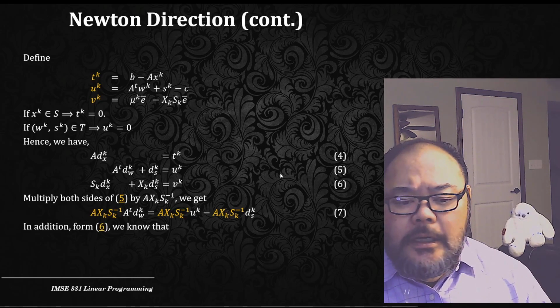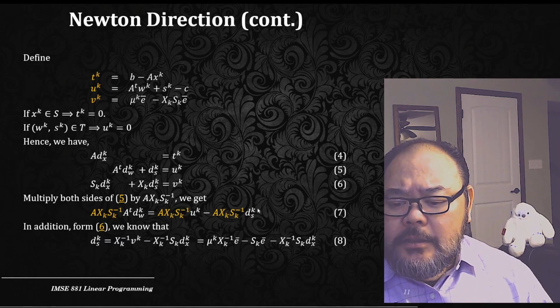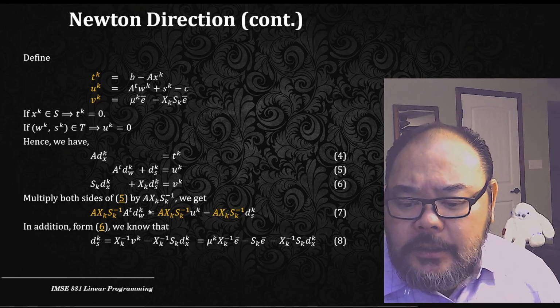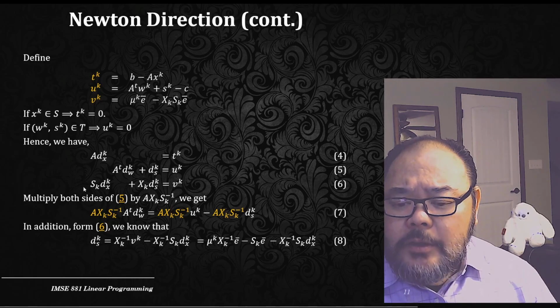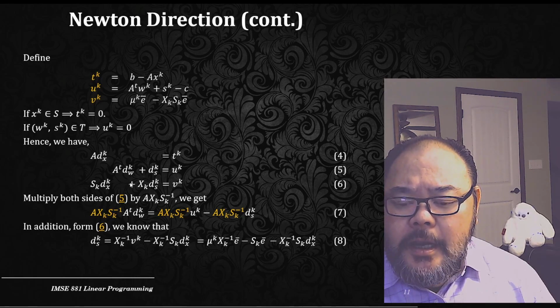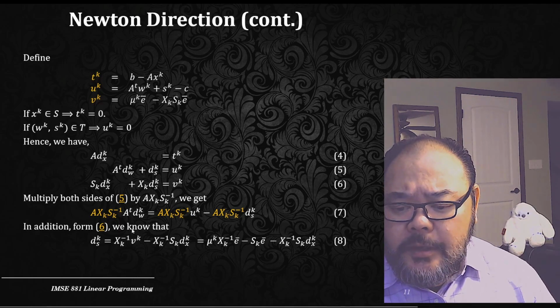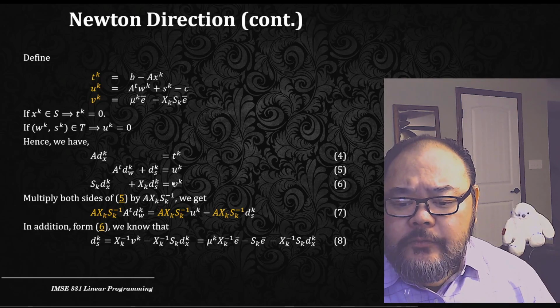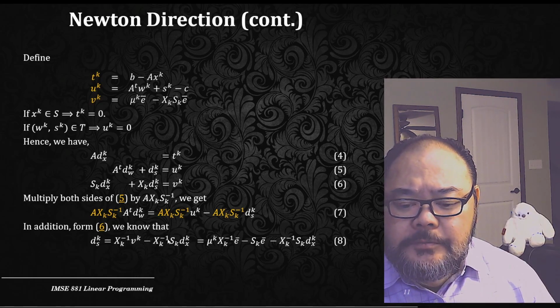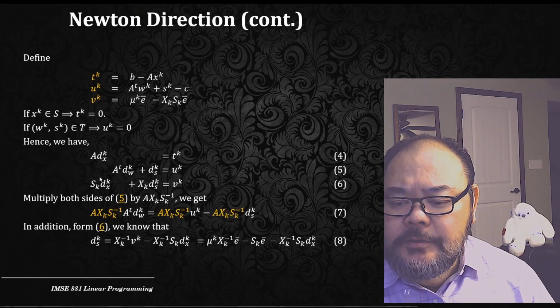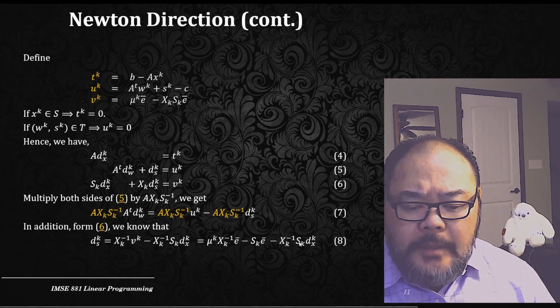And from equation 6, we know that dsk, which is the direction for the dual slack, equals the following. First move Sk times dxk to the right hand side and multiply both sides of the equation by Xk inverse. So Xk inverse times vk minus this part, Sk times dxk, times Xk inverse, with a negative sign since we moved this to the right hand side.